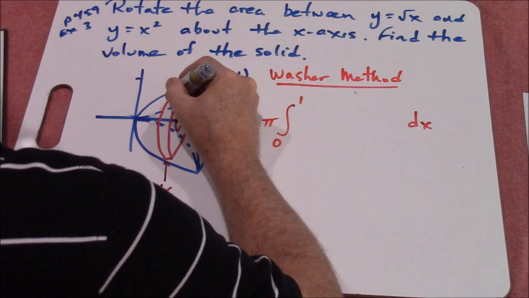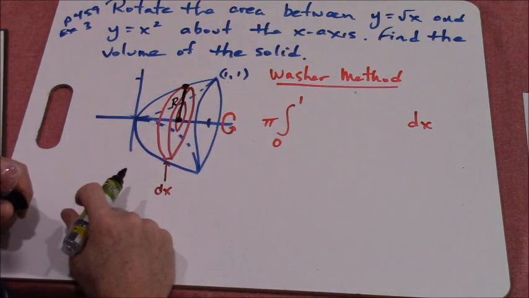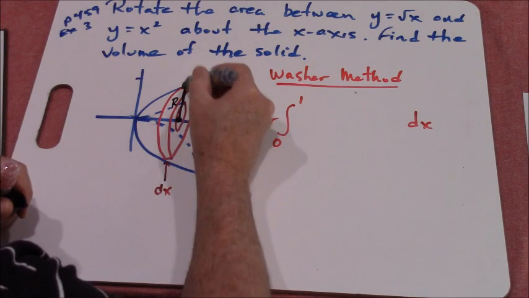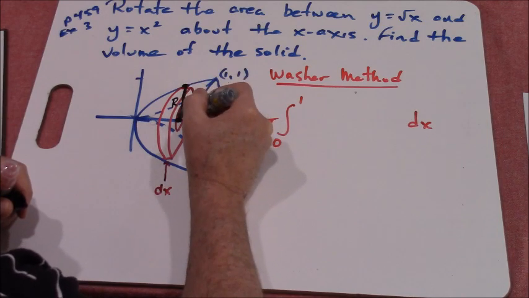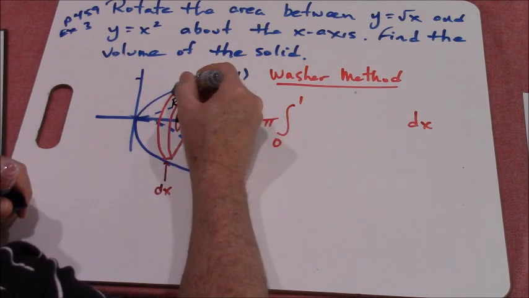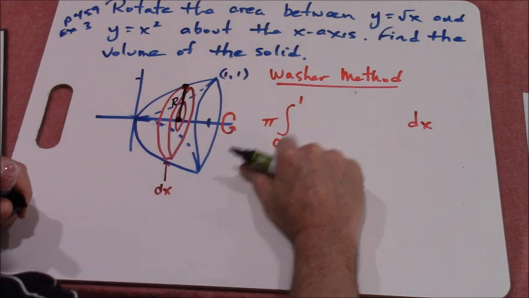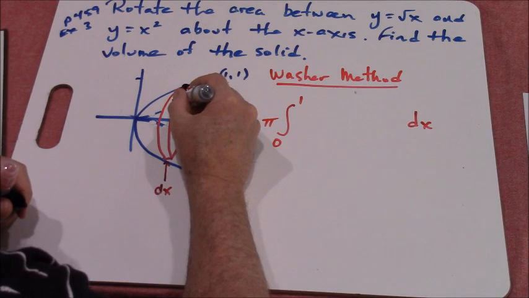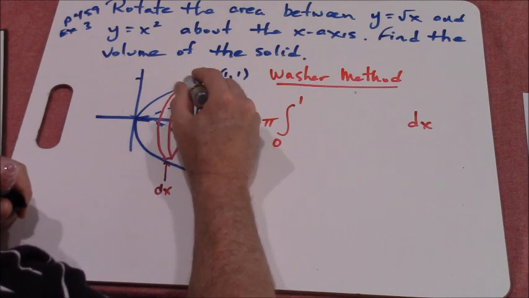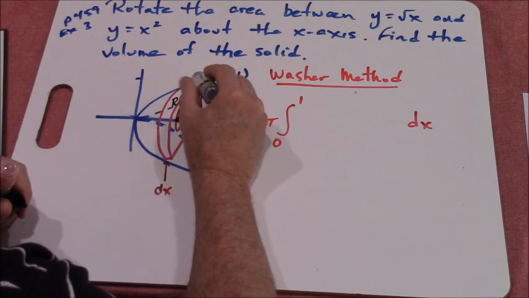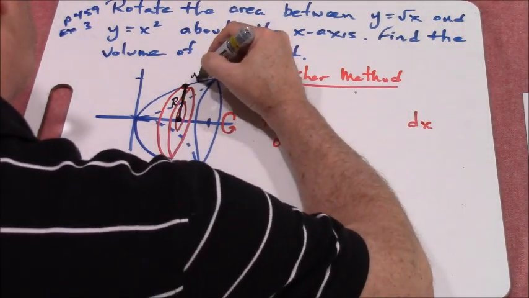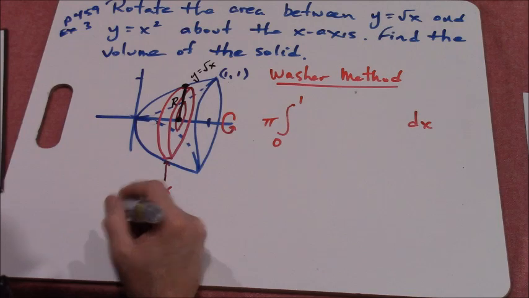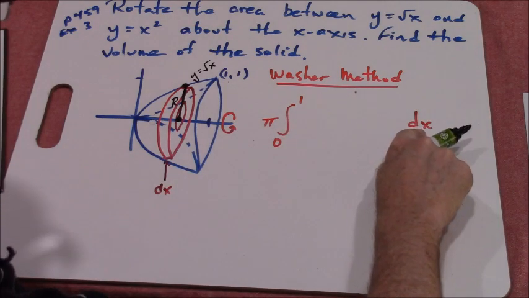Okay, so there's big R. And really that's just a y value. We're going from the x-axis up to some point. It's the y-coordinate of wherever we're at as we inch our way from 0 to 1. So if this is just a y-coordinate, this equation right here came from y equals the square root of x, and I need everything in terms of x.